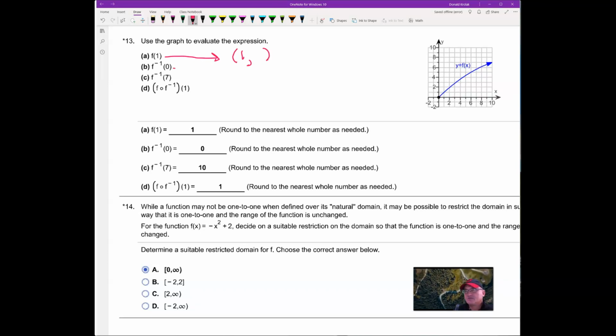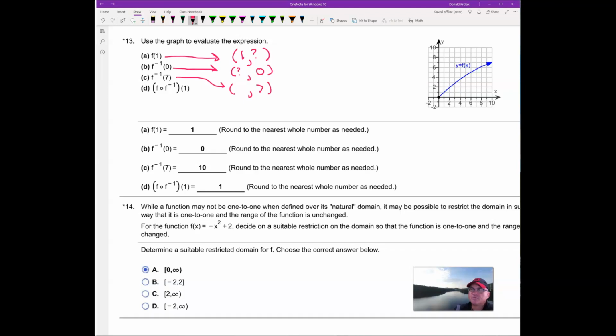Now this next one, since it's the inverse, that 0 is actually the y coordinate. So I'm looking for this point. All right, same with C. I'm looking for the x coordinate that belongs with a y coordinate of 7.